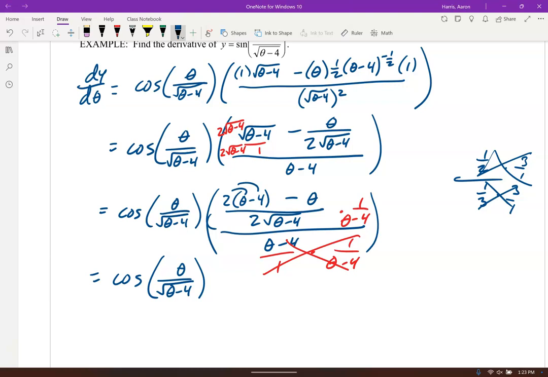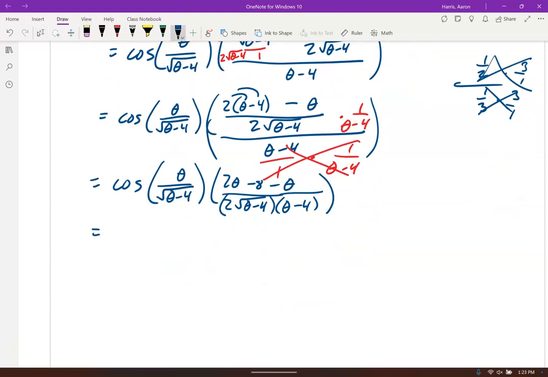And I'm going to distribute that. So I have 2 theta minus 8 minus theta. This is all over 2 square root of theta minus 4 times theta minus 4. So we have 2 theta minus theta is theta, minus 8.